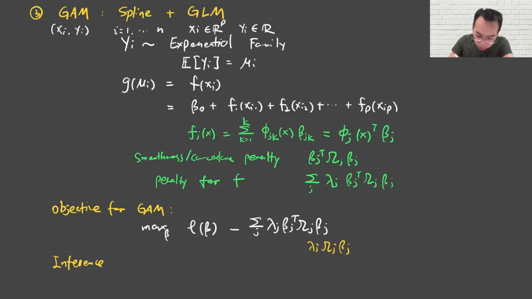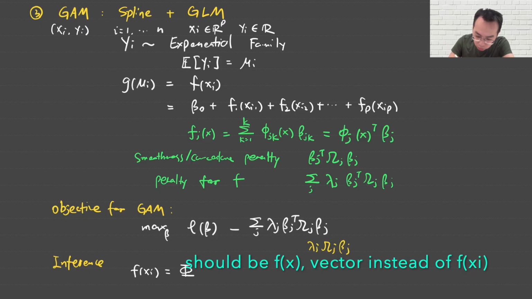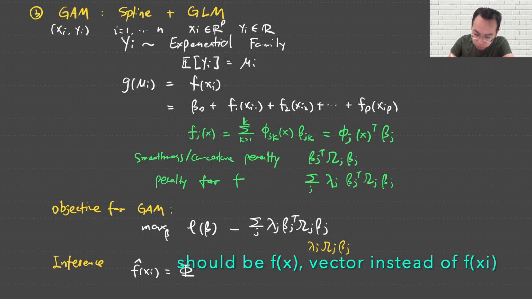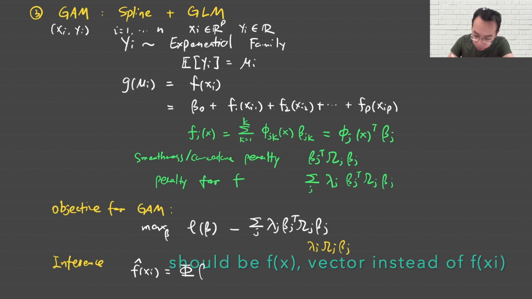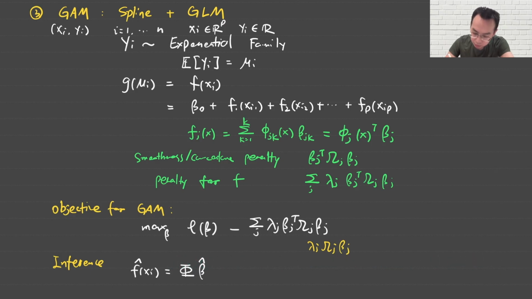All right. So remember that our f of xi, if I write it out as a full matrix form, I should put a hat in here. It's going to be phi times beta hat, right? So the beta hat here will follow some normal distribution. The variance for the beta hat is the interesting part because it can tell us the uncertainty of the model.